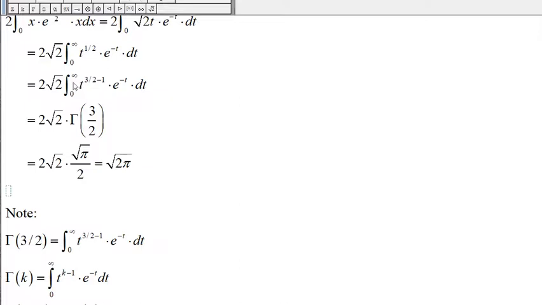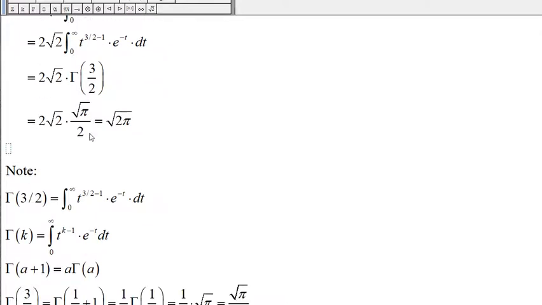So this integral right here is gamma of 3 halves. Recall that the gamma function, gamma of k, is defined as this integral right here. So this is when k is 3 halves.